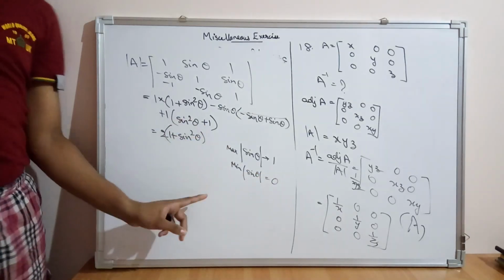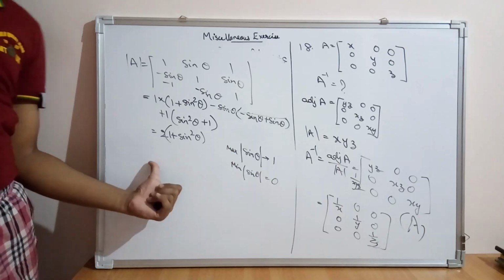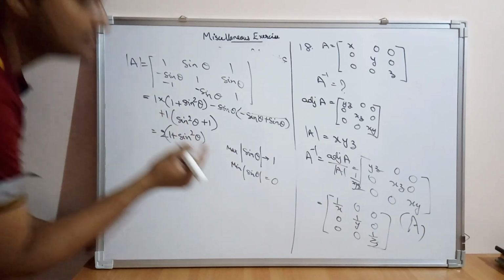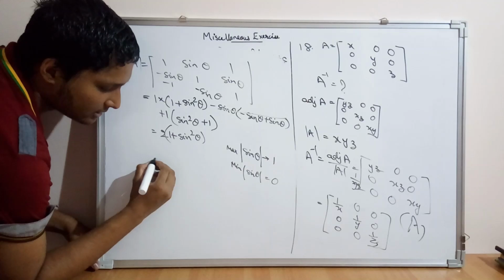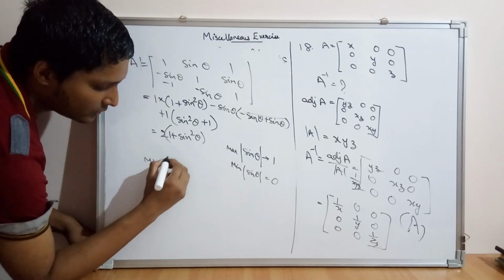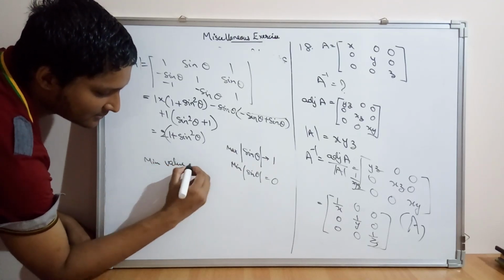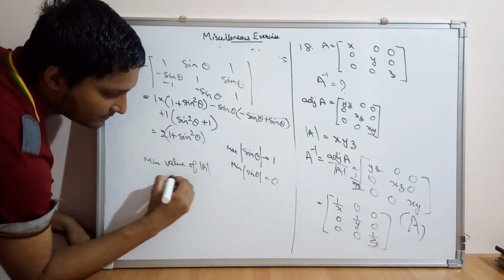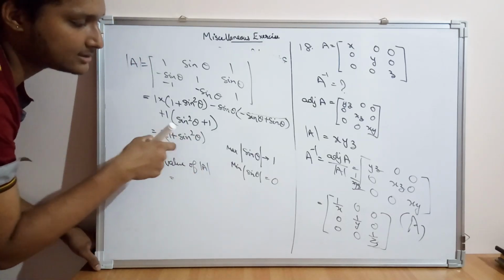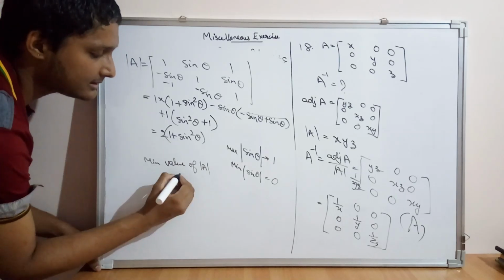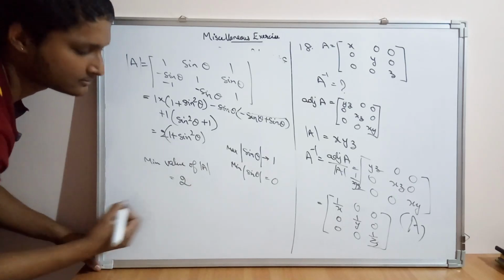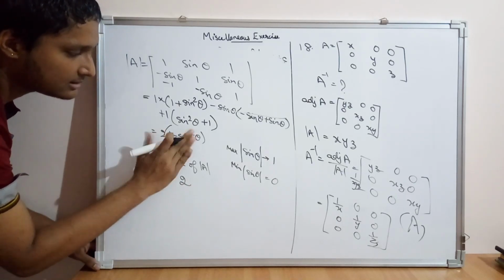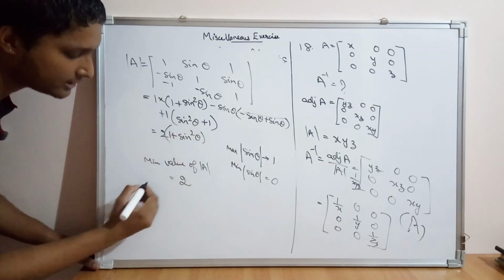So we are going to apply these two limits, not the limits in the next chapter. So the minimum value of determinant of A is when sin square theta is 0, that is 2 into 1, that is 2 only.